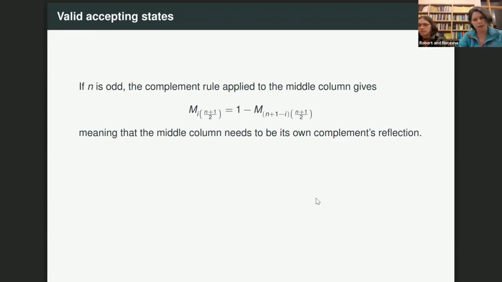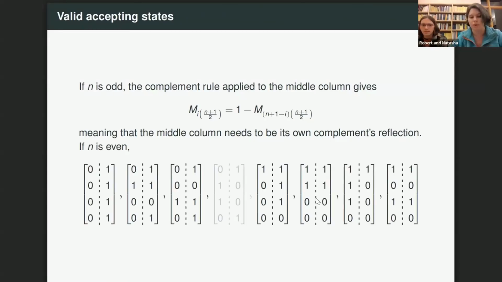When n is even, we no longer have the line of reflection or pseudo-reflection going through the middle of a column. It now goes after the edge, so we can just draw out all of our options and see which ones work. You'll notice that the first, 5th, 6th, and 7th have the ones and zeros all connected, so that's good.